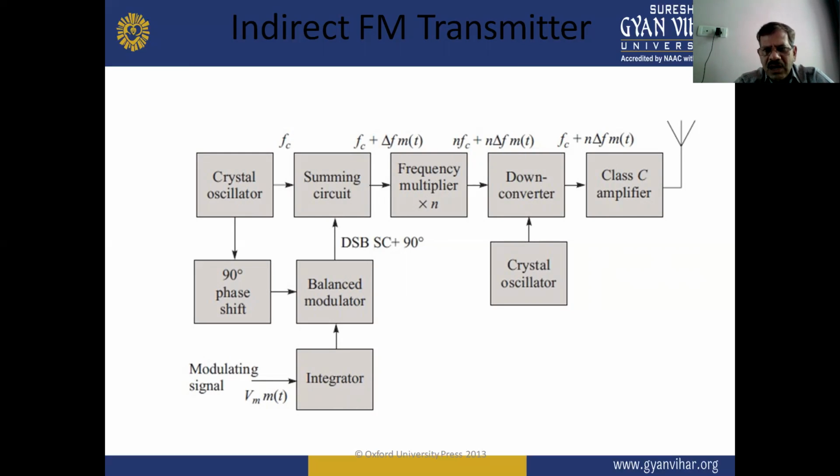After the down converting, the output is applied to the class C amplifier, which amplifies this signal to a particular level and transmits it to free space with the help of the antenna. So this is the indirect FM transmitter.